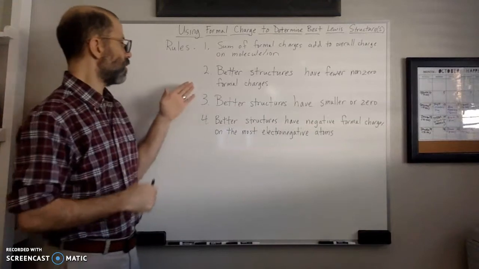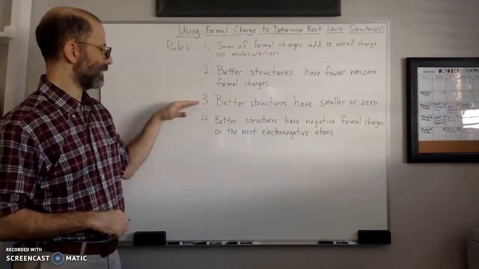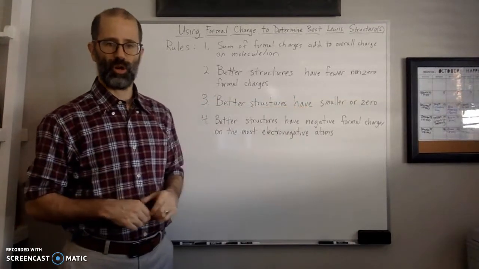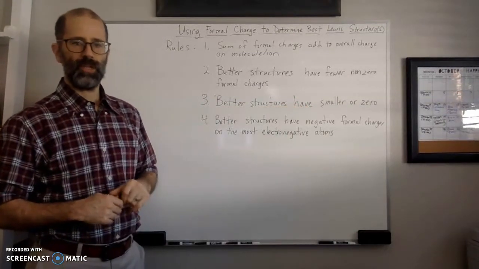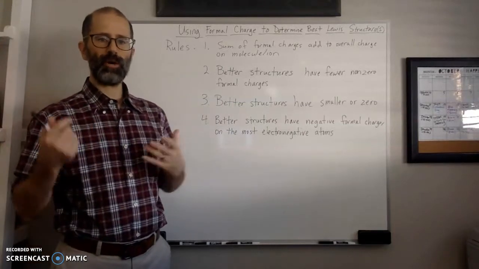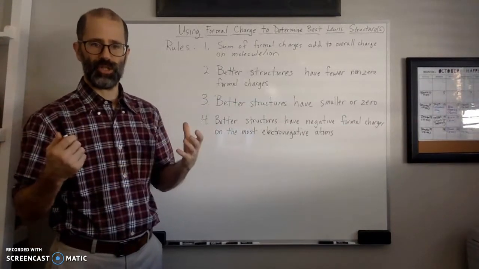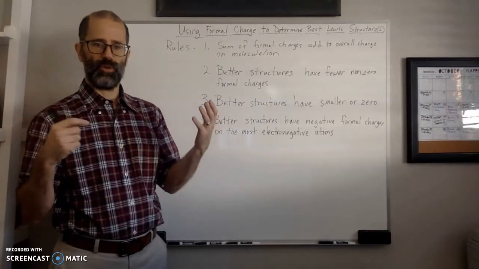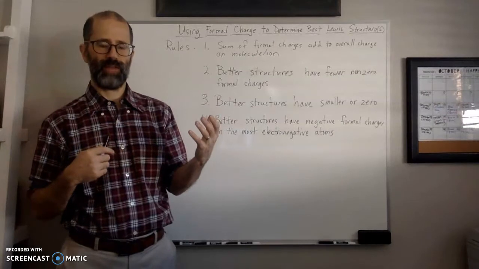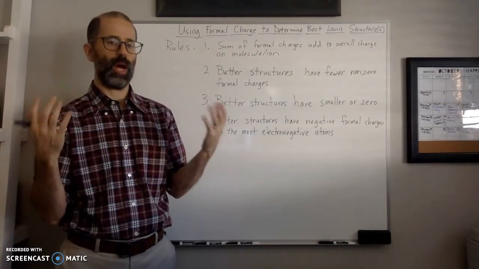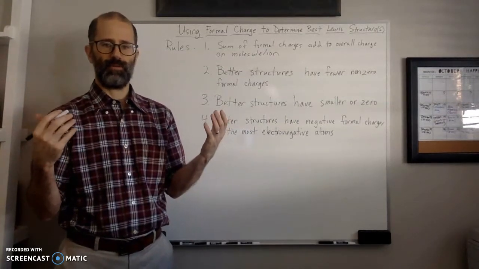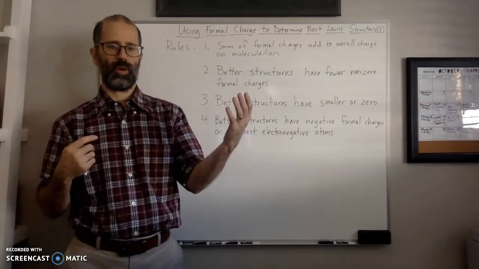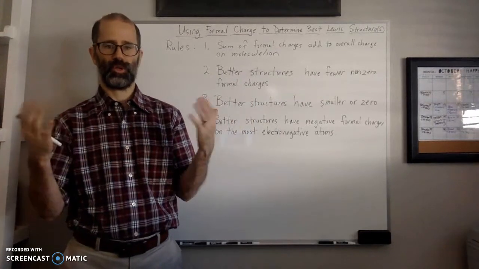So the next rule is that better structures have smaller or 0 formal charges. So if you're comparing two structures of the same molecule, and they both have the same number of formal charges, so you might have 3 formal charges on this one, and this one has 3 atoms that have formal charges, so they're equal.